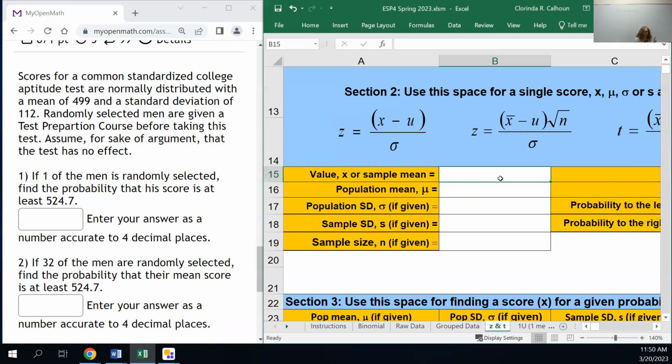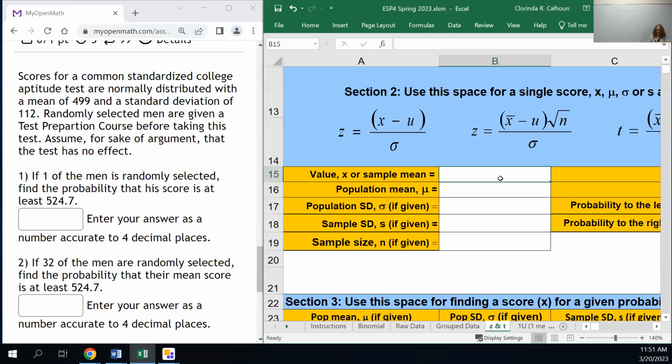So if you're dealing with one person, it is X. But in part 2, it says, if 32 of the men, can I take an average of 32 people? Yeah. So now that's going to be X bar. You see the difference? One score means X. Multiple scores means I have to deal with the average. So that's X bar. Even though we're using the same sheet, I just want you to realize the difference.